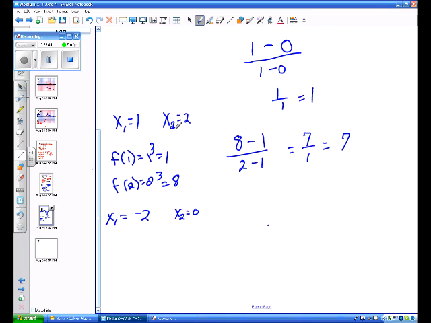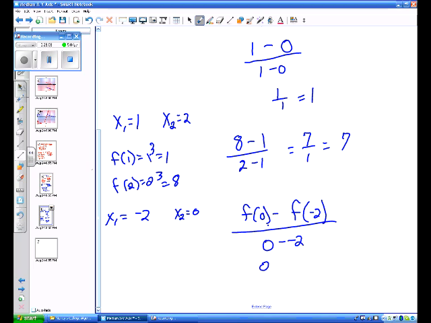So for x sub 2, we would be substituting in, we'd want f of 0 minus f of negative 2 over 0 minus negative 2. We want f of x sub 2 minus f of x sub 1.